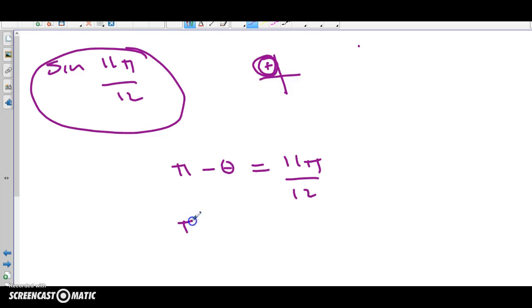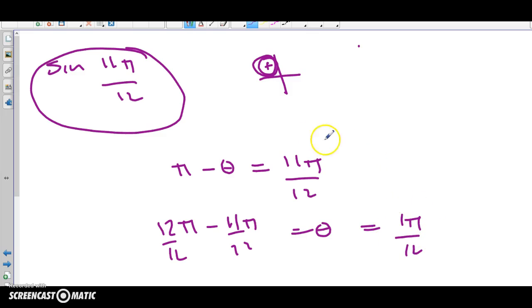So I go pi subtract 11 pi over 12 gets me theta. That's 1 pi or 12 twelfths pi, subtract 11 twelfths pi. Theta is then going to be equal to 1 pi over 12.